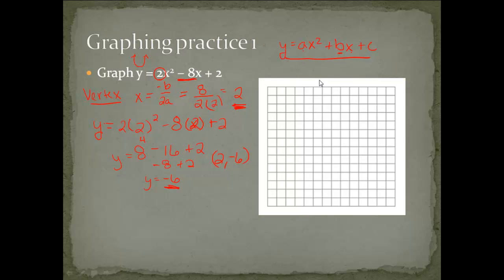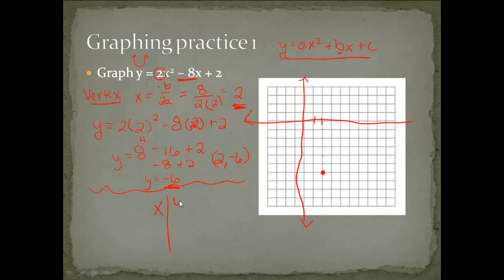So I'm going to go ahead and plot that point. It's not very straight. Okay, so I'm going to go over 2 and down 6. And right there is my vertex. Now I am going to do a table of values to find the rest of my graph.